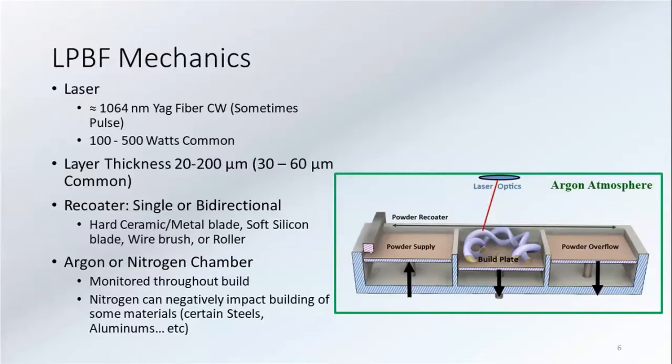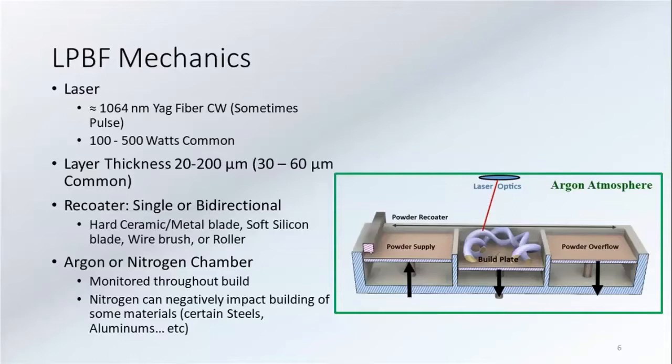There is nuance depending on what type of material you are using. Some of the materials are better with certain blades than others, and it kind of depends on what you're doing. Also, your recoater speed will need to change depending on what material and what type of blade you have. And if you're using a roller, there's still details, and there's pros and cons to all.